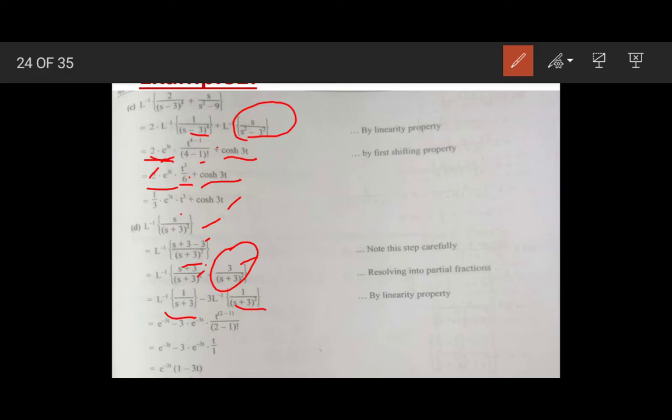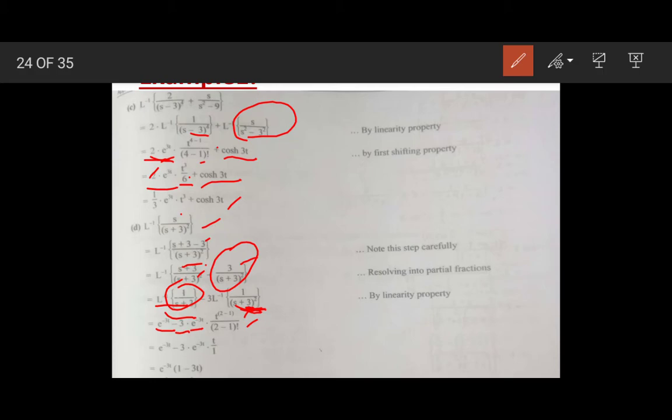Here I am directly applying the formula. This is the Laplace of e raised to minus 3t, so the inverse Laplace will be e raised to minus 3t. Then minus 3. Here there is a shift, so first I have to remove this shift, for that I write e raised to minus 3t, then this will be 1 upon s square, and the inverse Laplace of 1 upon s square will be t raised to 2 minus 1 upon factorial 2 minus 1.